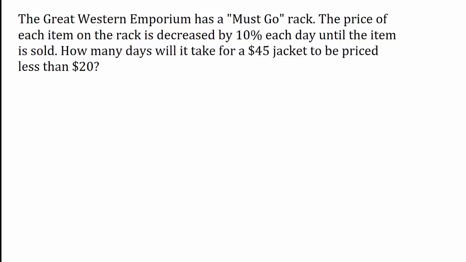Here's an application for you to try. The Great Western Emporium has a must-go rack. The price of each item on the rack is decreased by 10% each day until the item is sold. How many days will it take for a $45 jacket to be priced less than $20?